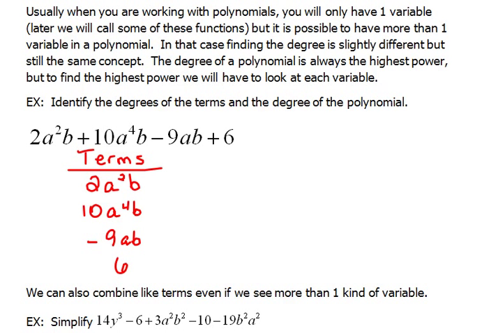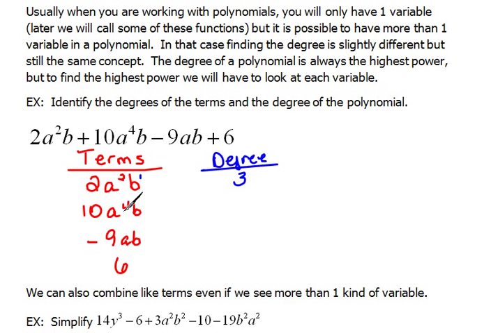Okay, now let's look at each one of those degrees, the degree of each one of the terms. Here we have an a squared and also a b, which is technically to the first power. Because there are two different variables, we have to add them together to get the degree of this term. So this would be a degree 3 term.